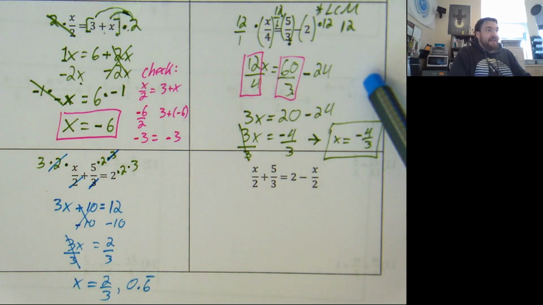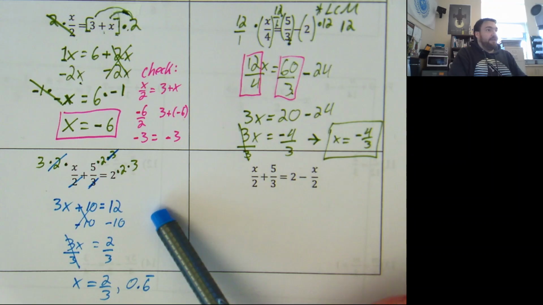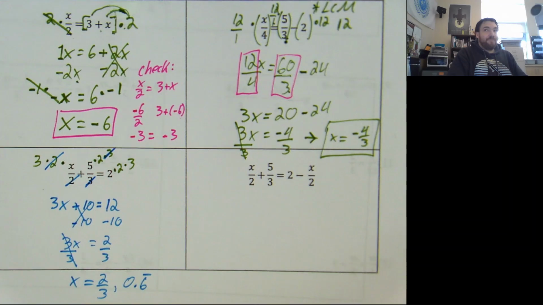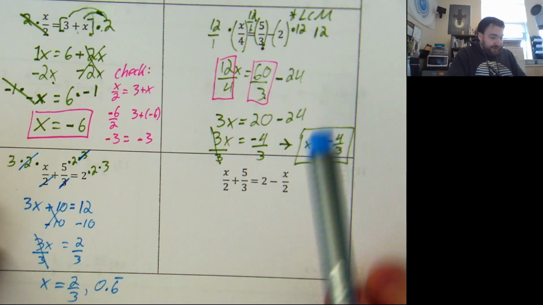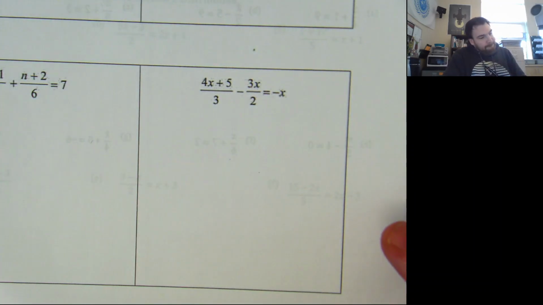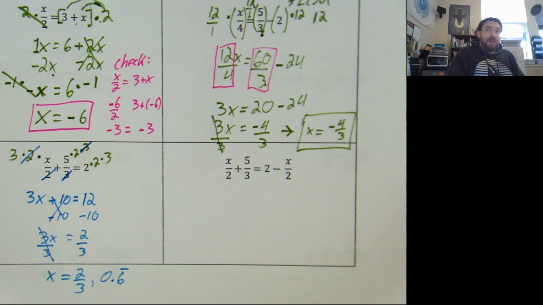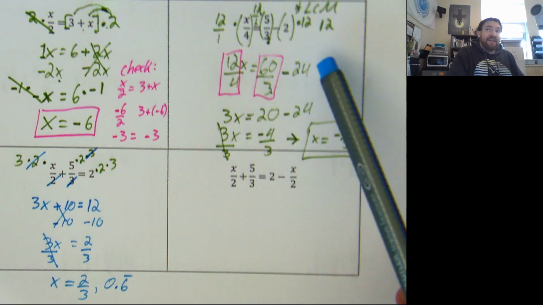Hands up if you like the LCM method better. Okay, a few of you. Hands up if you prefer this method. Okay, cool. So I'm going to do this last guy here. This will be the last example that I do. Which method do you want to see again?